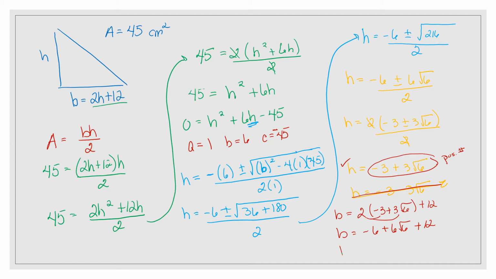And now I'm seeing like terms. I'm seeing a negative 6 and a positive 12, which will give me a positive 6 and then still plus the square root of 6. With me? Okay, so found the base, found the height. Not necessarily the nicest looking answers, but there's your height and there's your base.